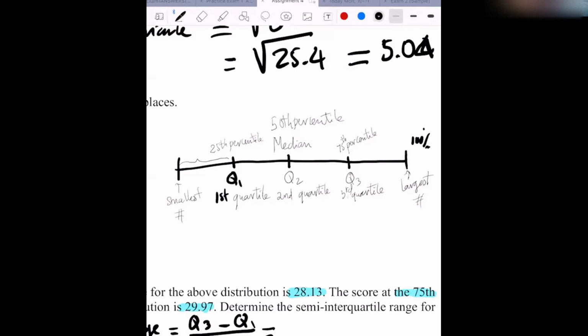If a data set is divided into 4 equal parts, then each part contains 25% of the data values.